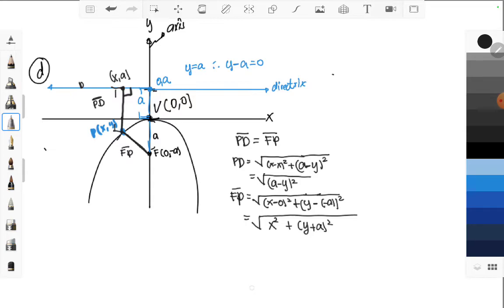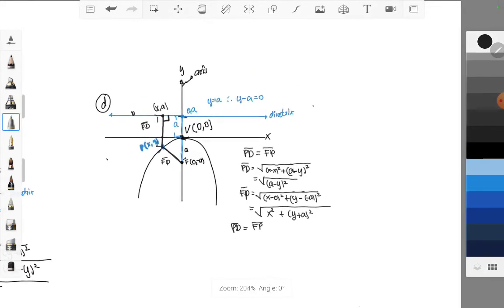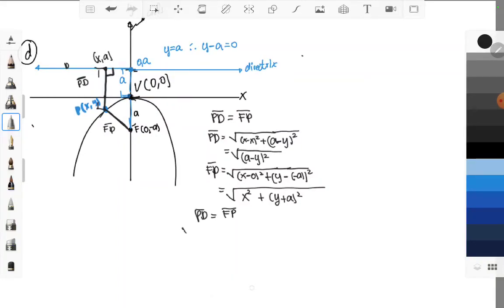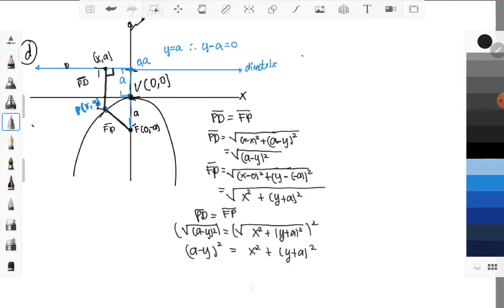From here, PD is equal to FP, so therefore we will have square root of (a minus y) square is equal to square root of x square plus (y plus a) square. If you square both sides, we'll have (a minus y) square, which is equal to x square plus (y plus a) square.